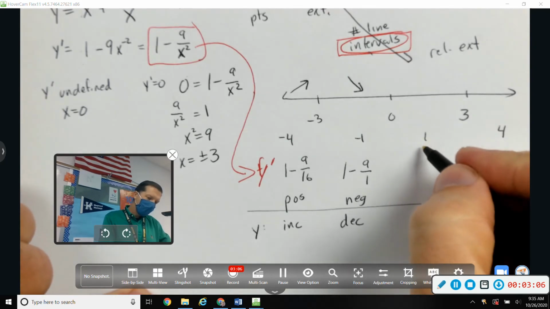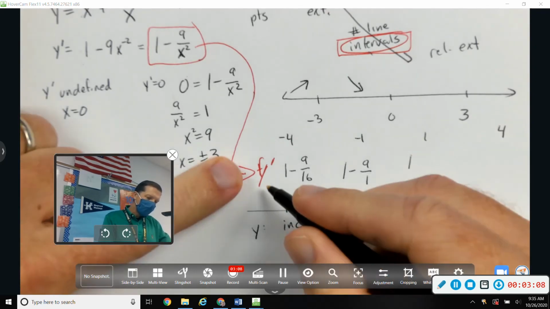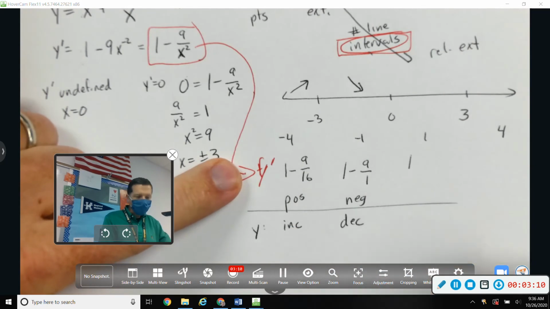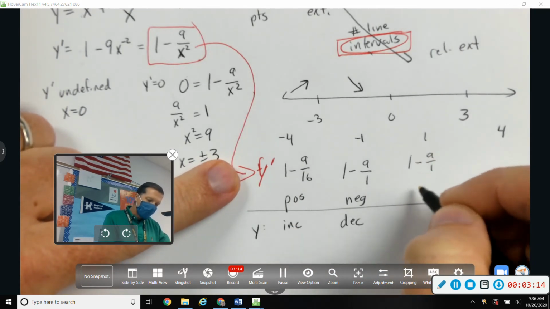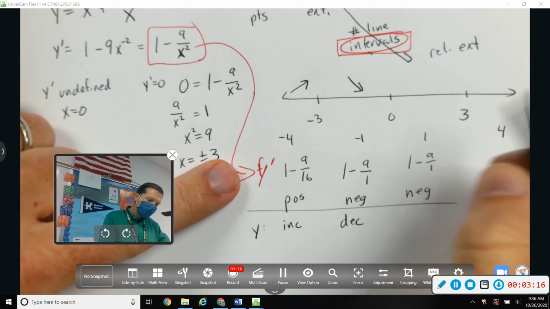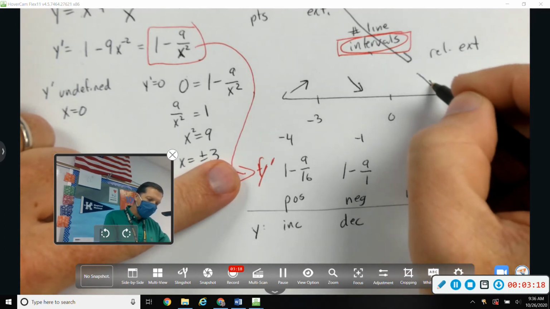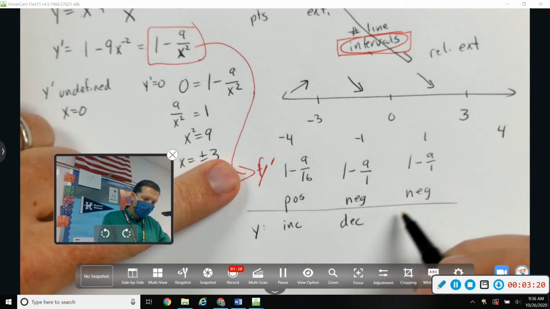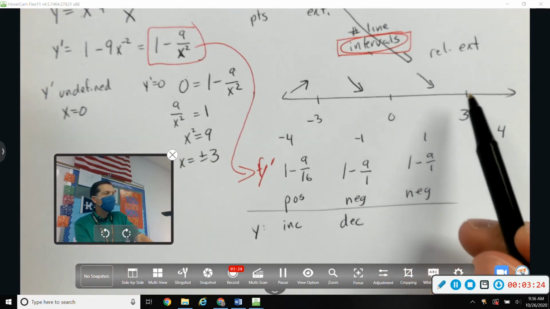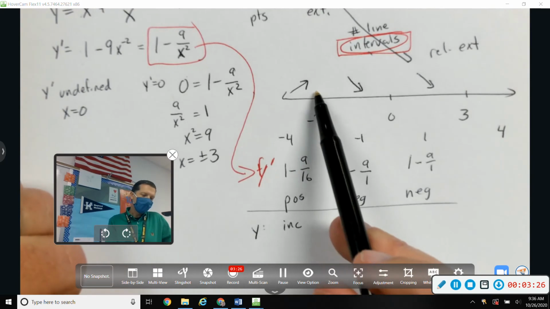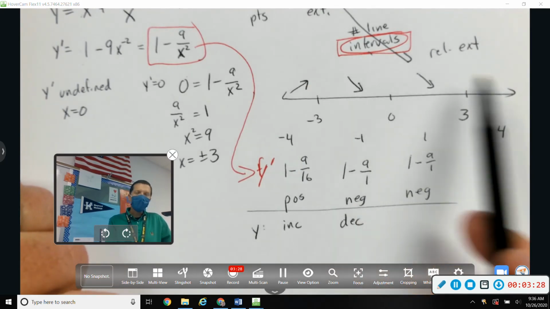If I try 1, again into the derivative because I want to know if it's increasing or decreasing, 1 minus 9 is negative. That's also decreasing. I'm just extra careful here because with polynomials anyway, it usually alternates. It usually changes plus minus, plus minus, plus minus.